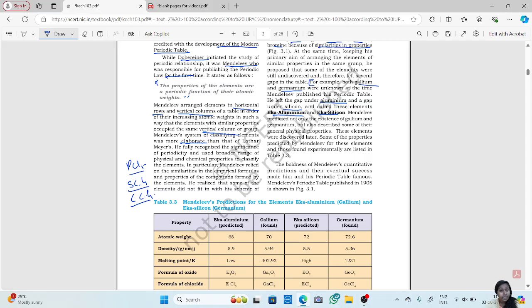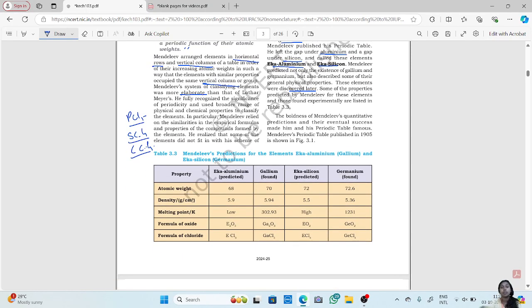So Mendeleev predicted not only the existence of gallium and germanium but also described some of their general physical properties. He not only predicted that there will be some elements which will have these properties, he also gave their general physical properties. These elements were discovered later. So Mendeleev had done a great job in its periodicity.